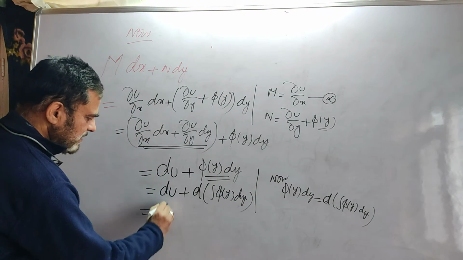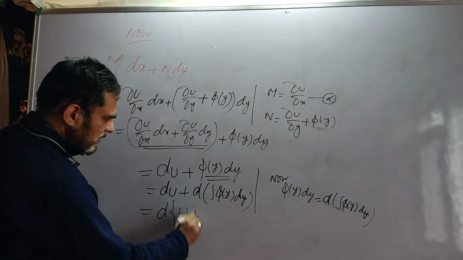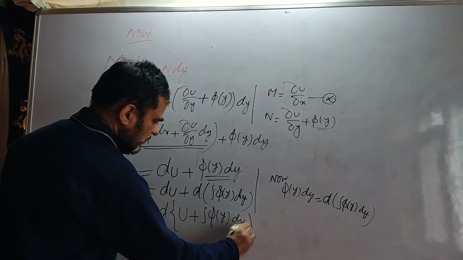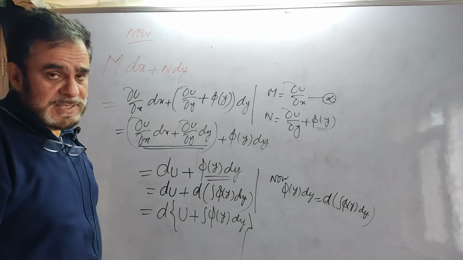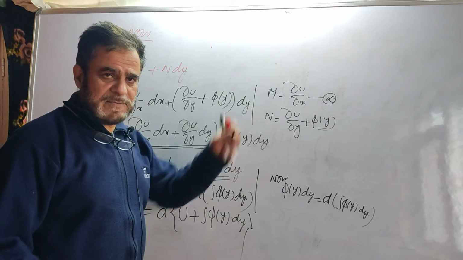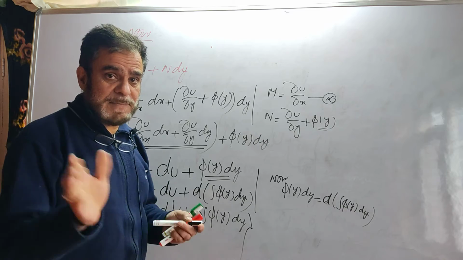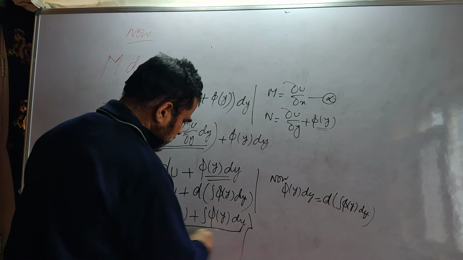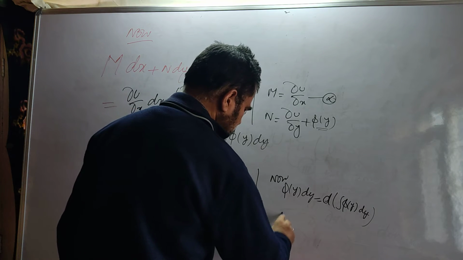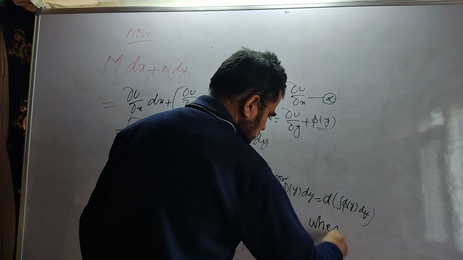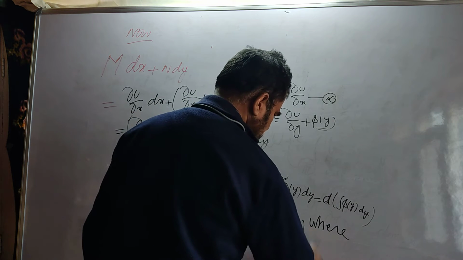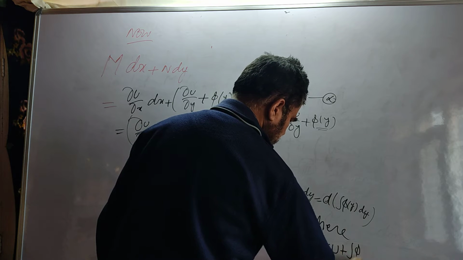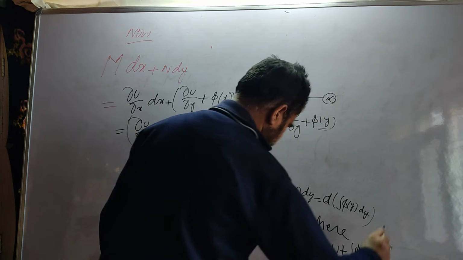So this is d of u plus integral of phi of y dy. Phi of y is now a function of y that does not involve x, as per our assumption. There we took phi of y as a constant that is free from x. Okay, remember this. In any way, if I denote this by v, this will be d of v, where your v is now u plus integral of phi of y dy.